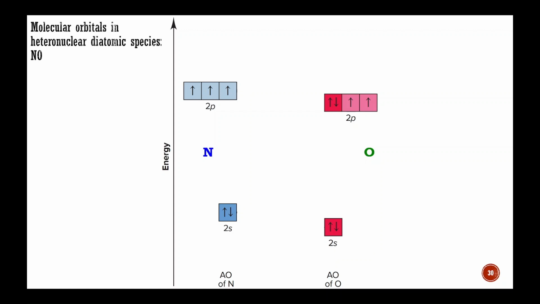First of all, you already know that the atomic orbitals of a more electronegative atom are lower in energy than the corresponding atomic orbitals of a less electronegative atom. Accordingly, the 2s and 2p atomic orbitals are lower in energy for oxygen, which is more electronegative than nitrogen.